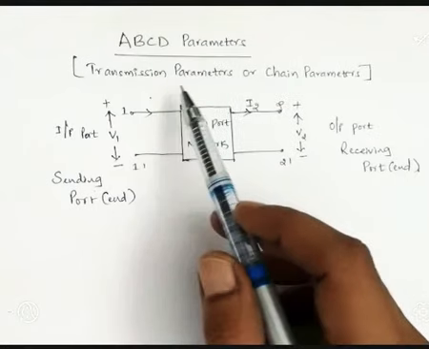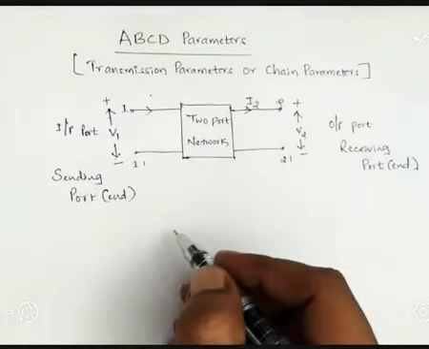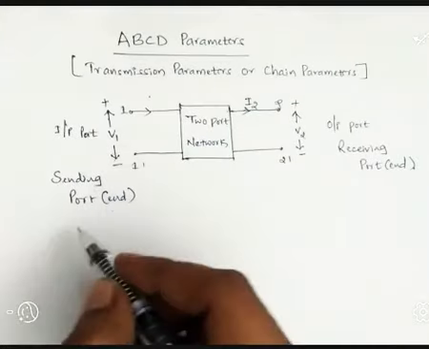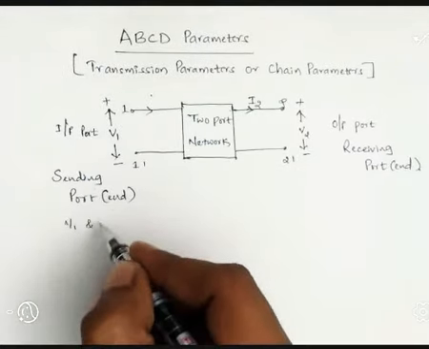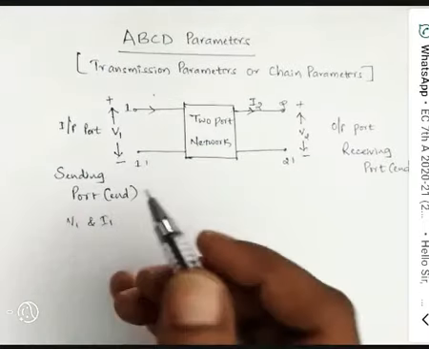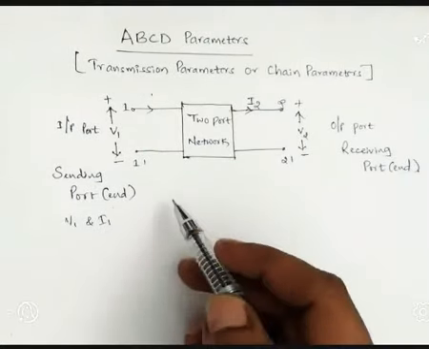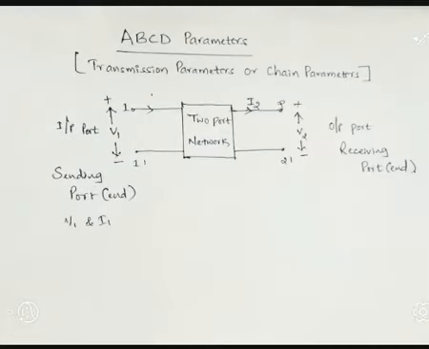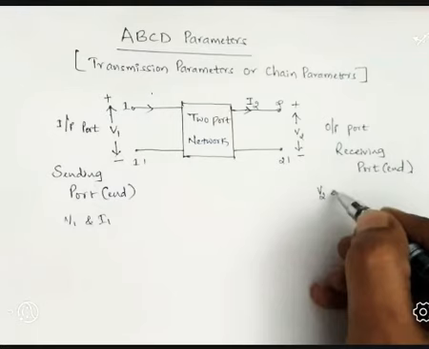These are obtained by expressing voltage V1 and current I1 at the input port in terms of voltage V2 and current I2 at the output port.